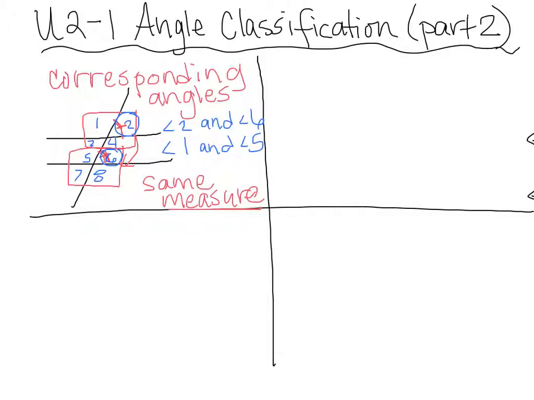Now let's draw in another box a similar picture. Okay? I'm going to focus this time on two angles. This one here, and then on the other side of the transversal, on the opposite side.